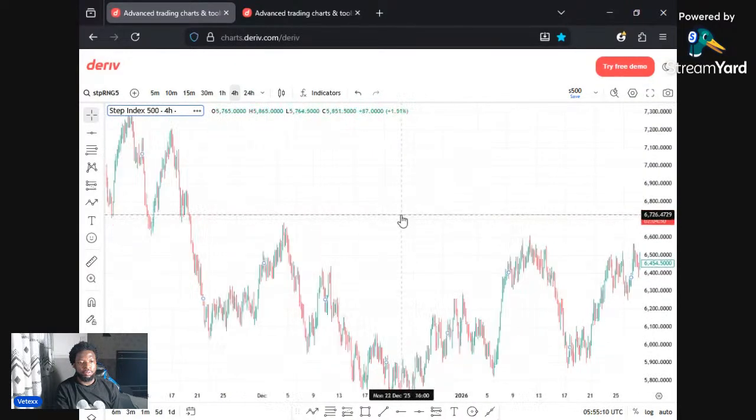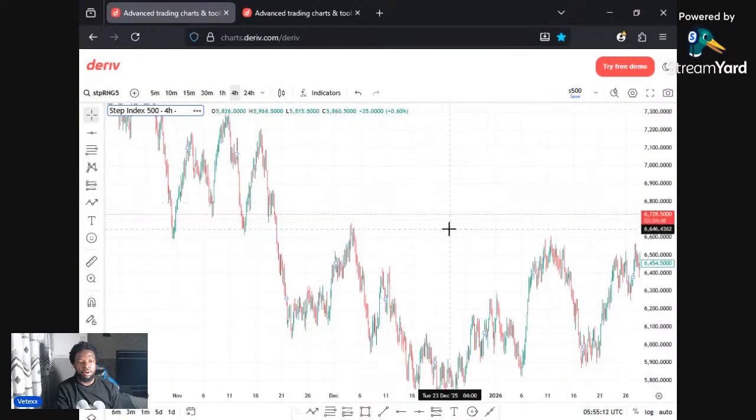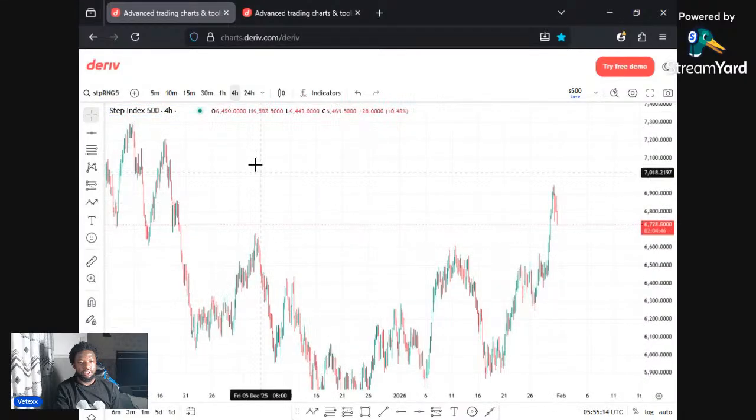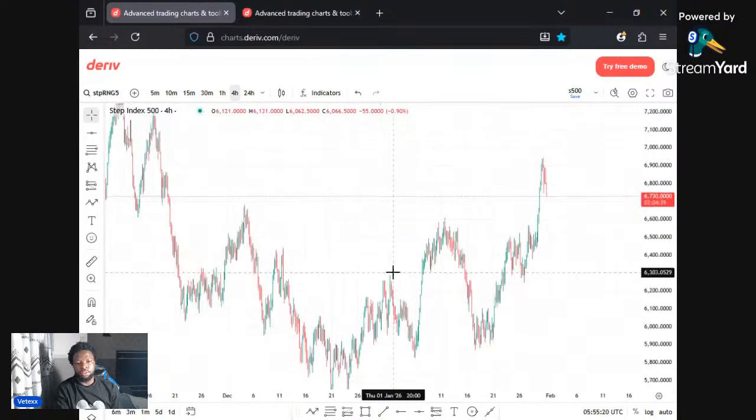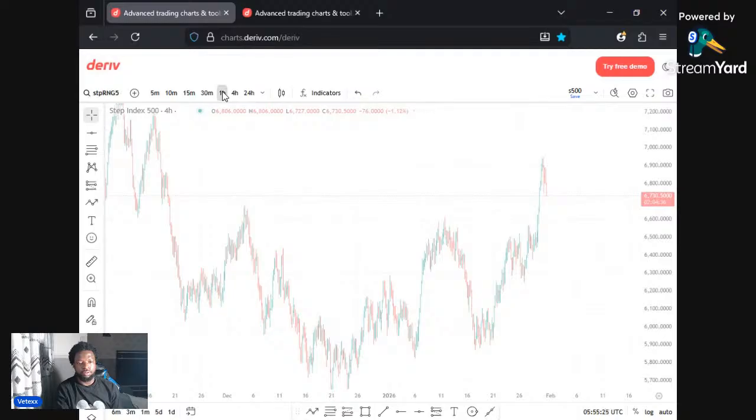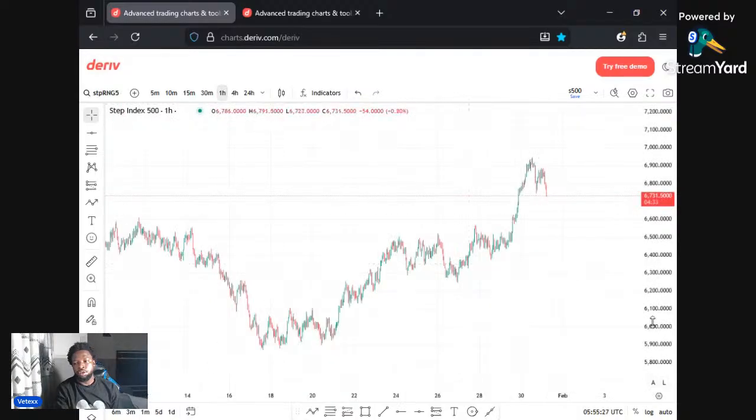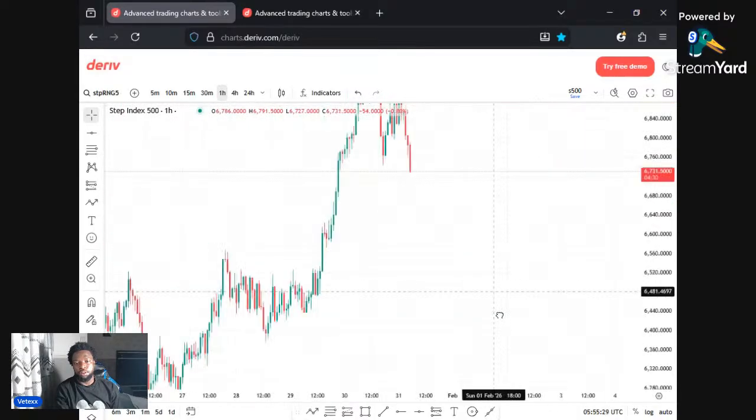The weekly time frame is bearish. The 4-hour time frame is kind of bearish too. But then the signs that it's giving, okay, let's just go to the 1 hour time frame. I think we'll have a clearer picture on the 1 hour time frame.